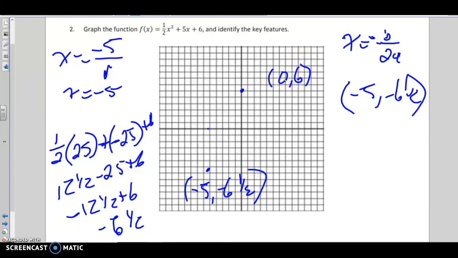Using the fact that parabolas are symmetrical, if I go 5 places to the right to get to my y-axis, going 5 places to the left will take me to negative 10. And because it's symmetrical, I should have a point at negative 10, comma 6, which will help define the shape of my parabola.